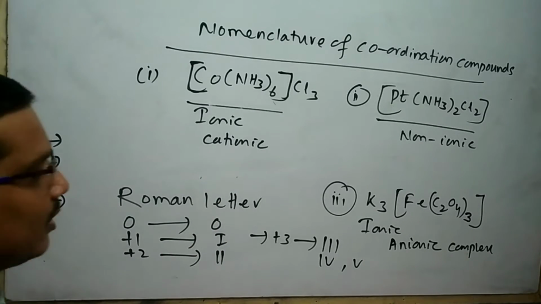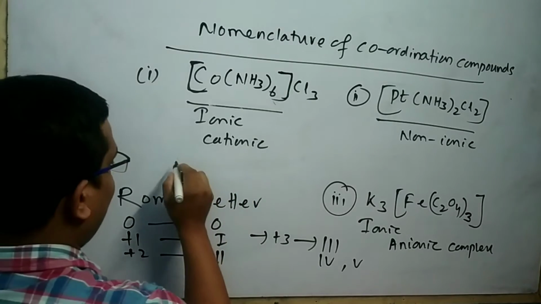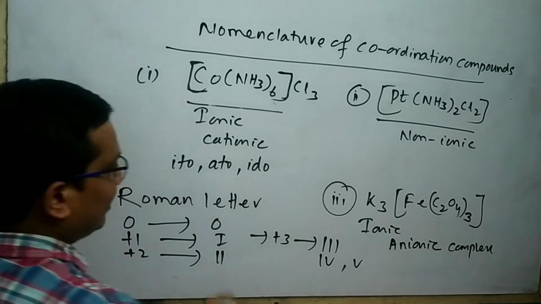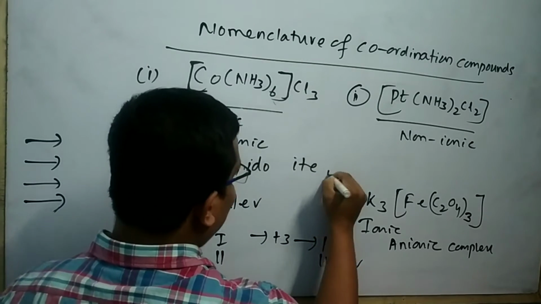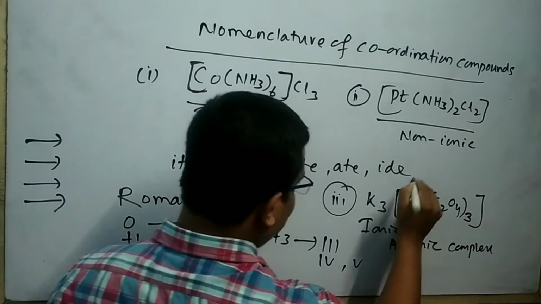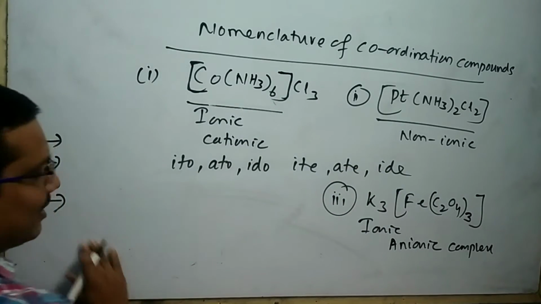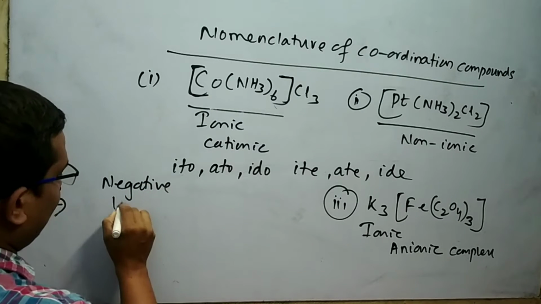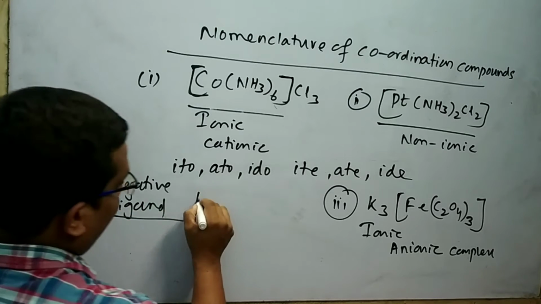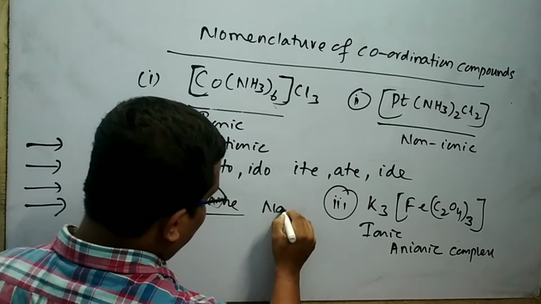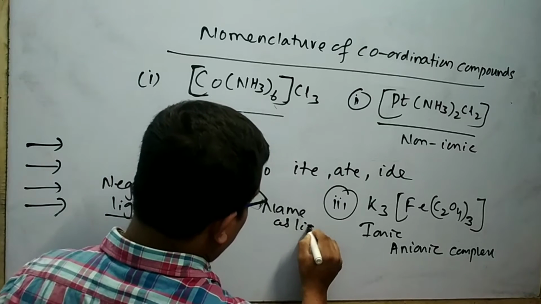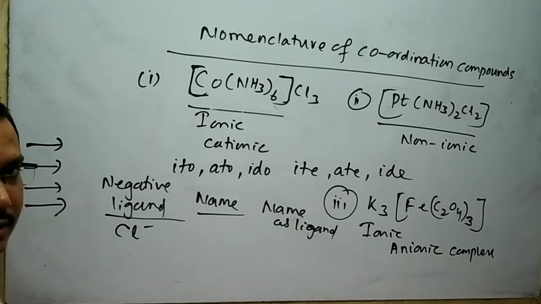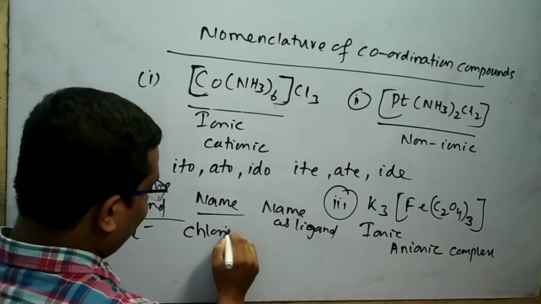Next rule is, the names of negative ligands end with -ito, -ato, -ido instead of -ite, -ate, -ide. Suppose I take some negative ligands and name them as ligands. Cl− is a negative ligand, that is said to be chloride.